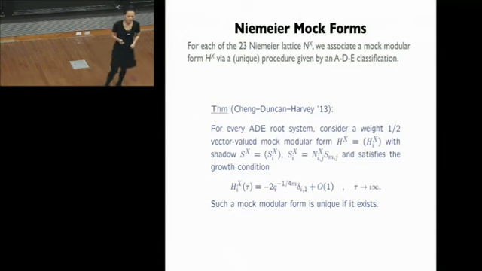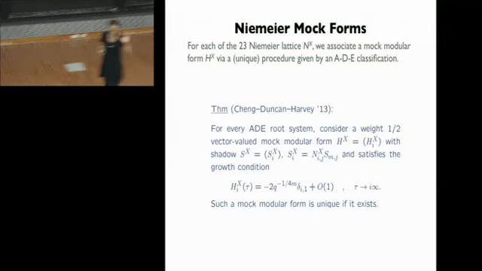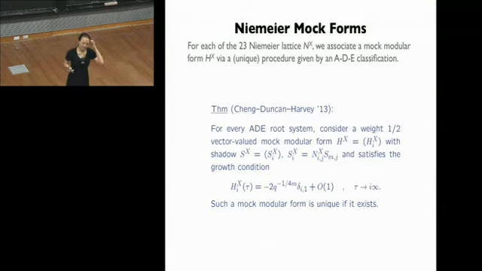So now we can apply this theorem, use as input the root systems of the Niemeier lattices, and look for this H. And because of this theorem, if you find it, it's unique.